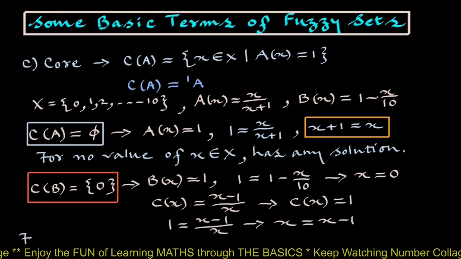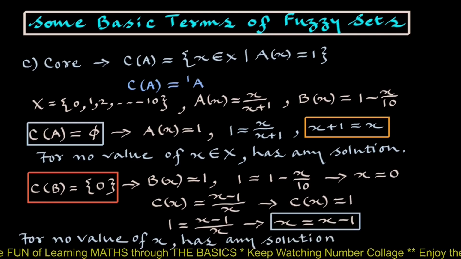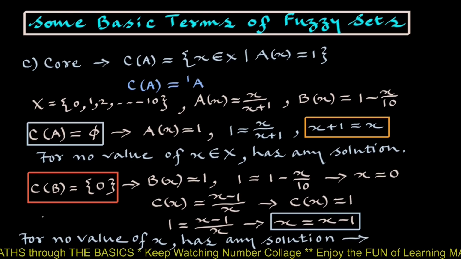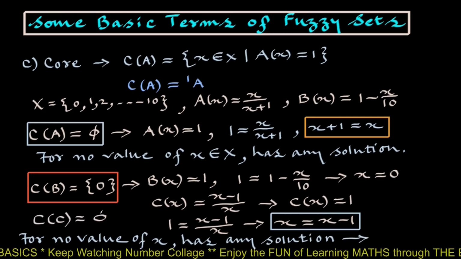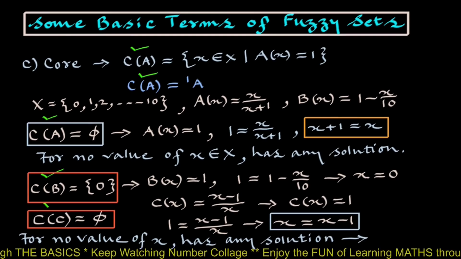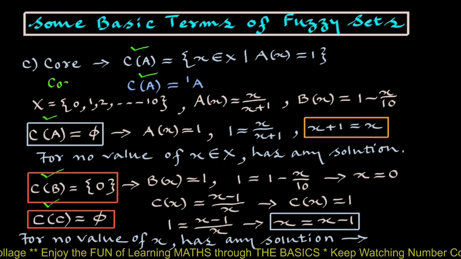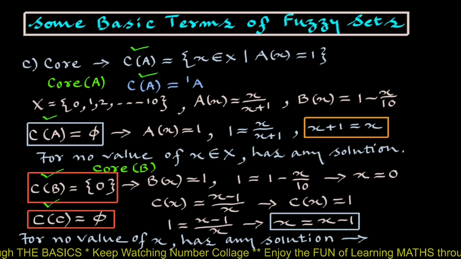For no value of x, this equation has any solution, which implies core of C, C of C is an empty set phi. These C of A, C of B and C of C are more appropriately written as core of A, core of B and core of C.